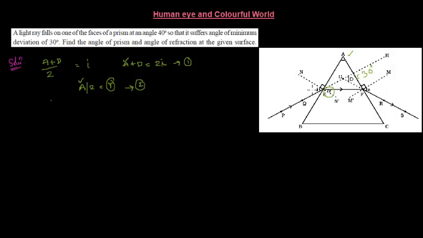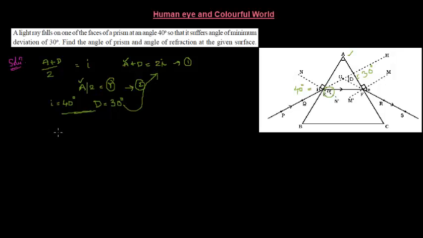Here angle of incidence is given as 40 degrees. So I am writing I is equal to 40 degrees. And also D is given as 30 degrees.